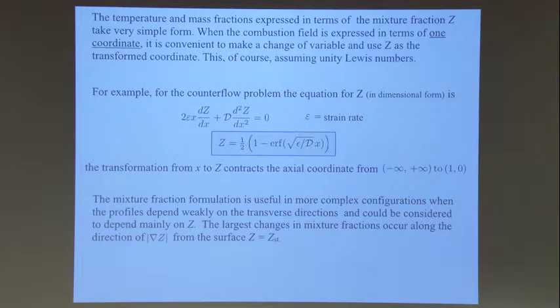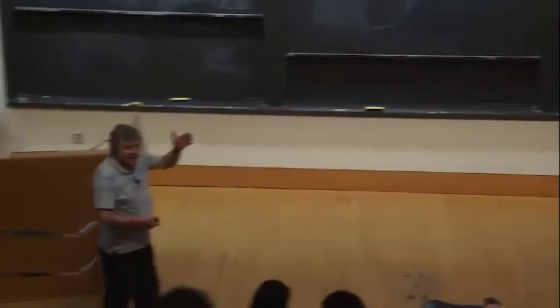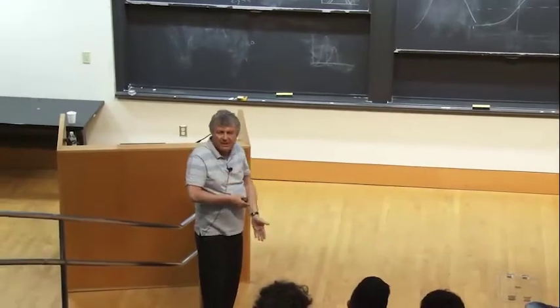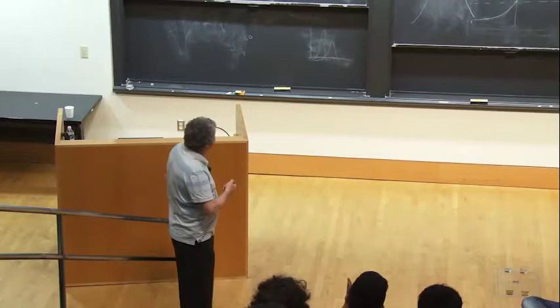But the idea turned out to be more useful in more complex configurations where the profile depends weakly on the other direction. So people argue that the mixture fraction doesn't vary very much. I mean that the problem depends essentially on the mixture fraction Z.